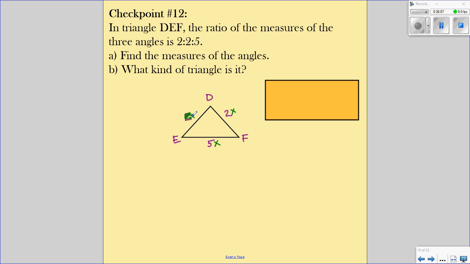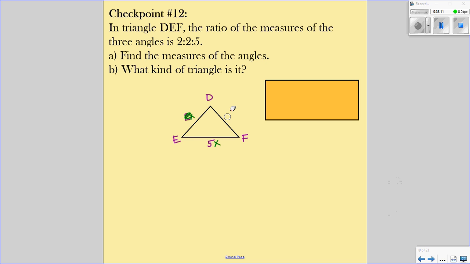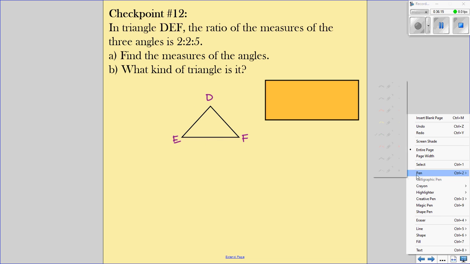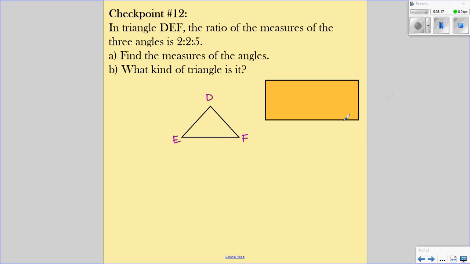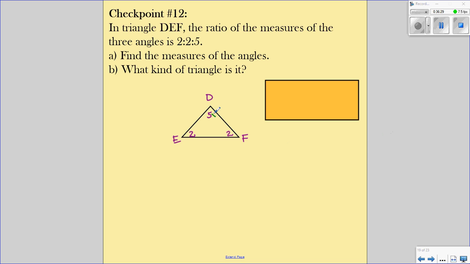Let me erase this and try again. We're dealing with angles. I put it on the side, which I shouldn't have. So be careful, we're doing angles. So I'm going to have 2 to 2 to 5. Be careful. See, I made that mistake too.